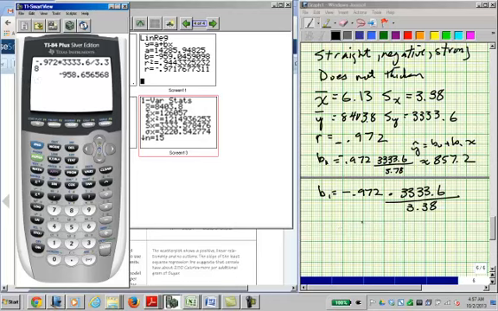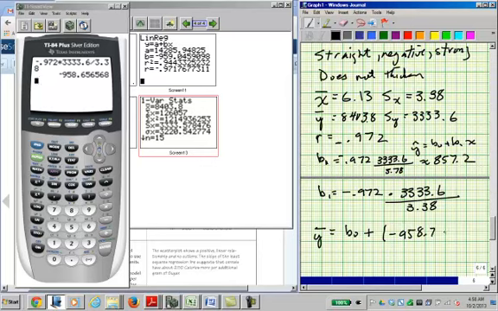So how do we find B sub 0? We plug y bar and x bar into the formula. So y bar equals b sub 0 plus negative 958, call it 0.7 times x bar.